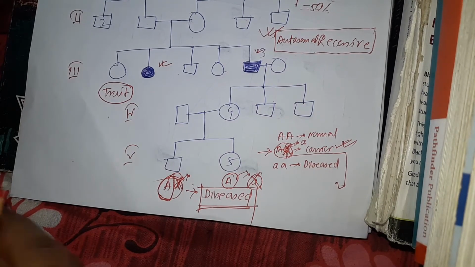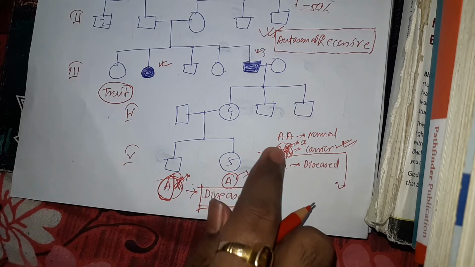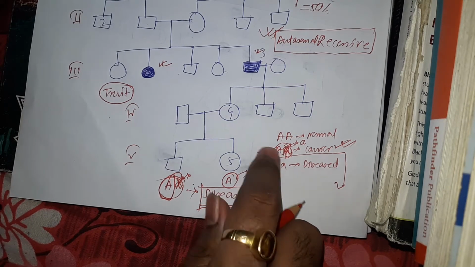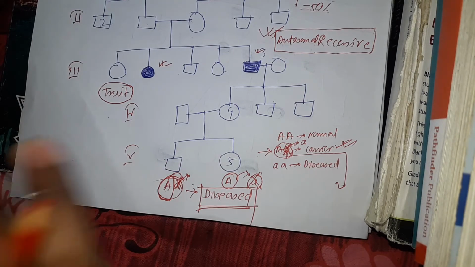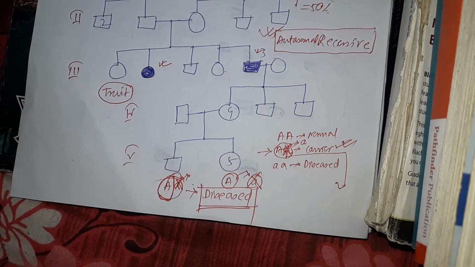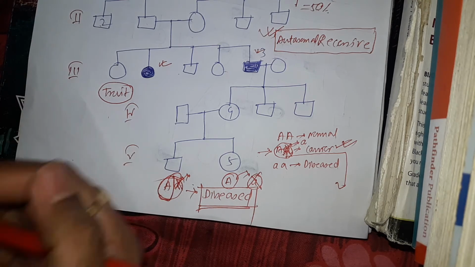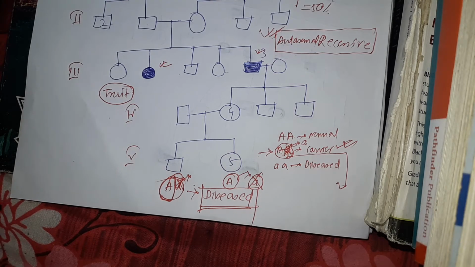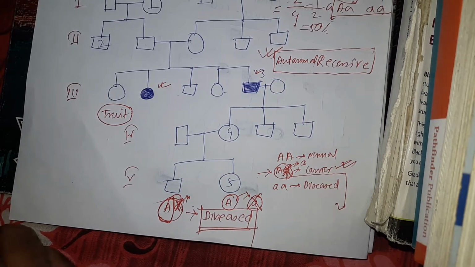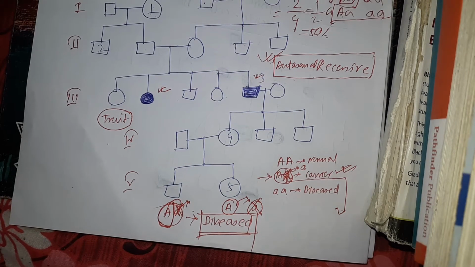It carries the gene that has the ability to show the disease, but due to the presence of the dominant gene, it does not express itself. That does not mean they do not have the gene. They have the ability to pass it to the next generation, and that is also the reason why in a recessive trait we have skipped generations.